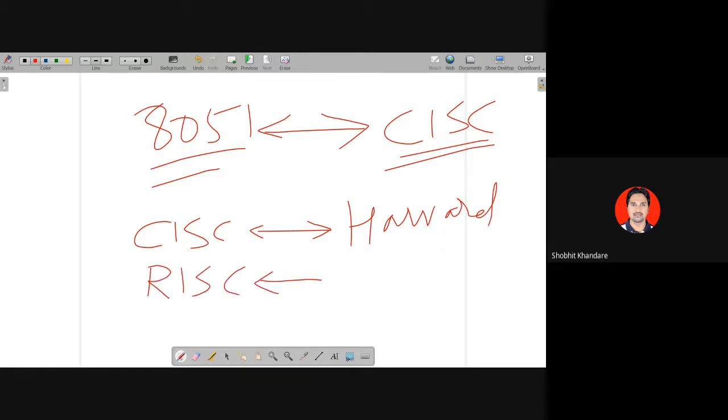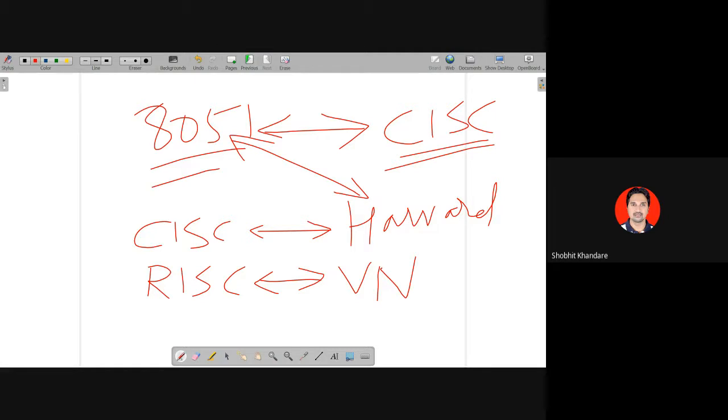Your RISC microcontrollers are based upon von Neumann, and your CISC is based upon Harvard. So indirectly, can I say 8051 is based upon Harvard architecture? Yes or no?